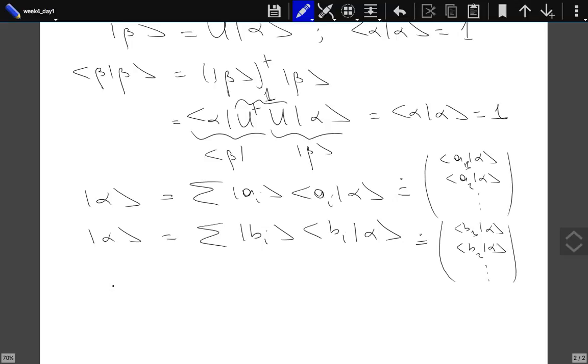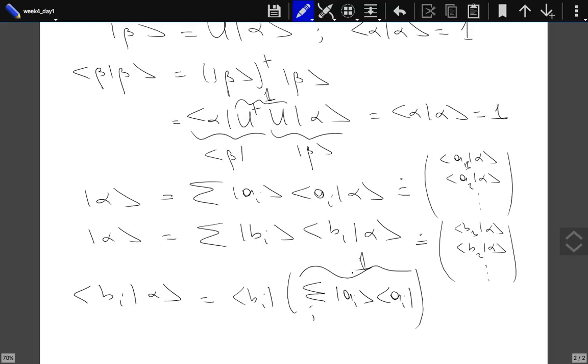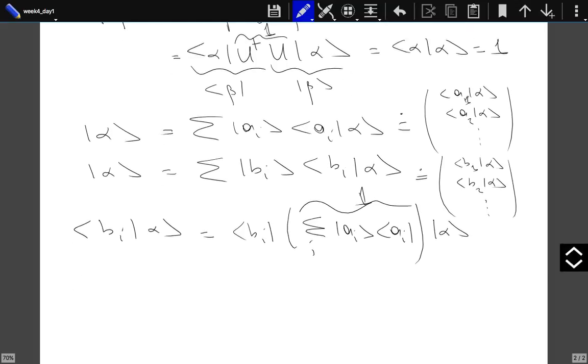So then the question is, how are these related to each other? So let's look at one of them. Let's look at, for example, BI alpha. What is BI alpha? Well, this is equal to BI, sum over j of AJ AJ, this is 1, I just inserted 1, times alpha.